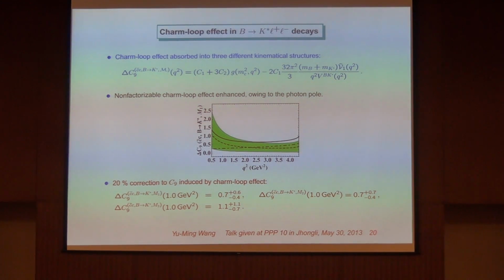Only the dynamic structure is a bit more involved, and different from B to K, there is an enhancement of the soft contribution in the endpoint regions due to the real photon, as mentioned before. Numerically, this effect will bring about 20% corrections to C9.